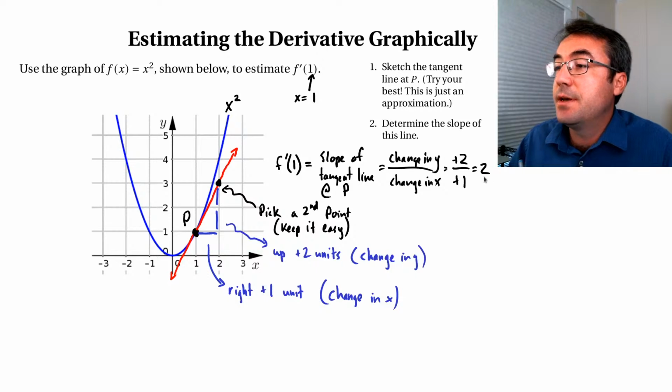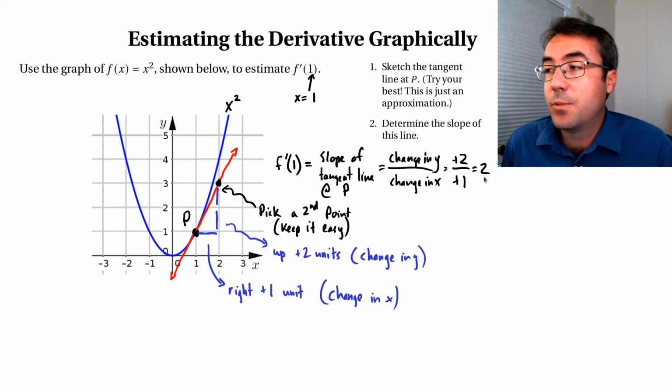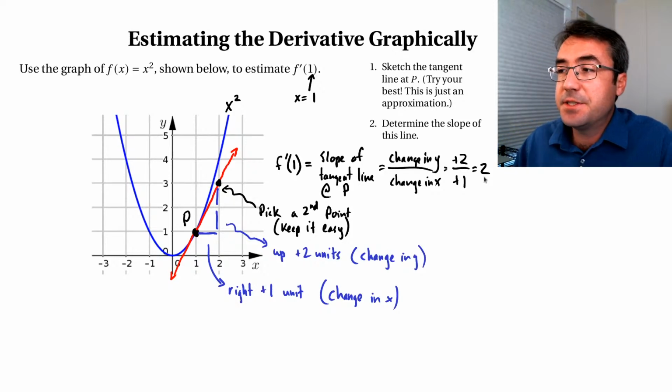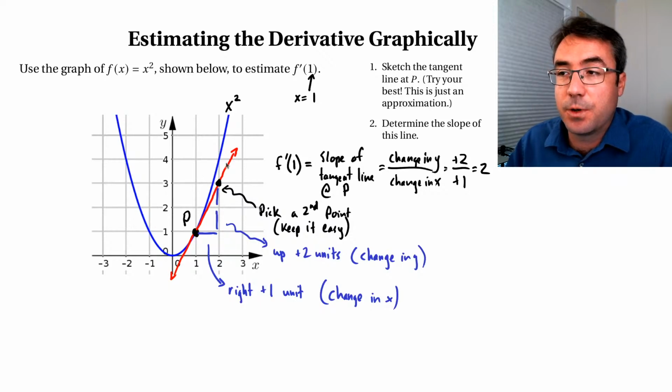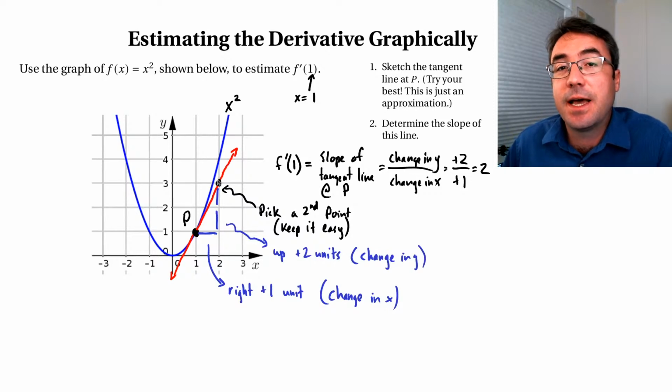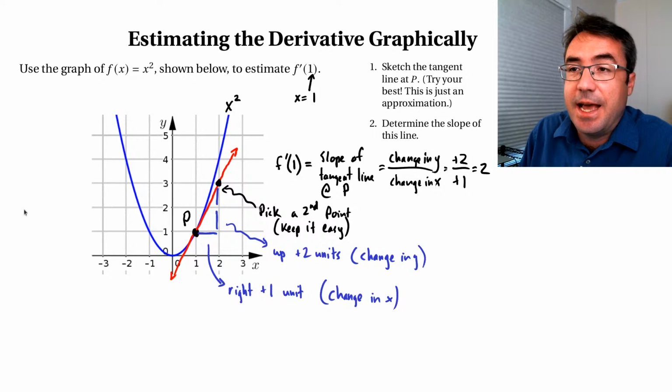And so we see that f prime, or the slope of our tangent line here, is equal to 2. Now this is just an approximation because we just kind of sketched in what we thought the tangent line was. So this is really just an estimate.